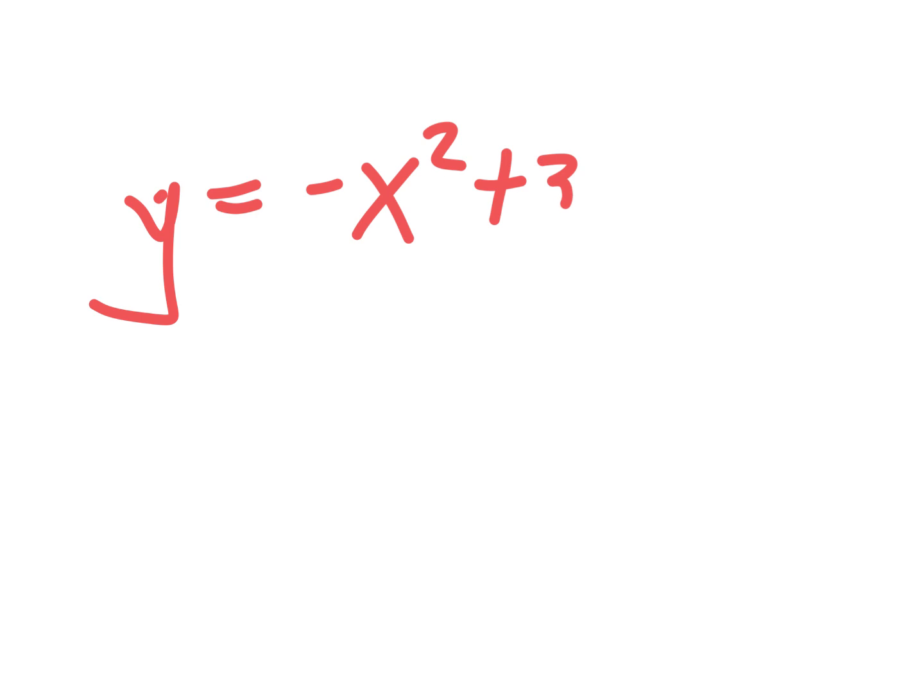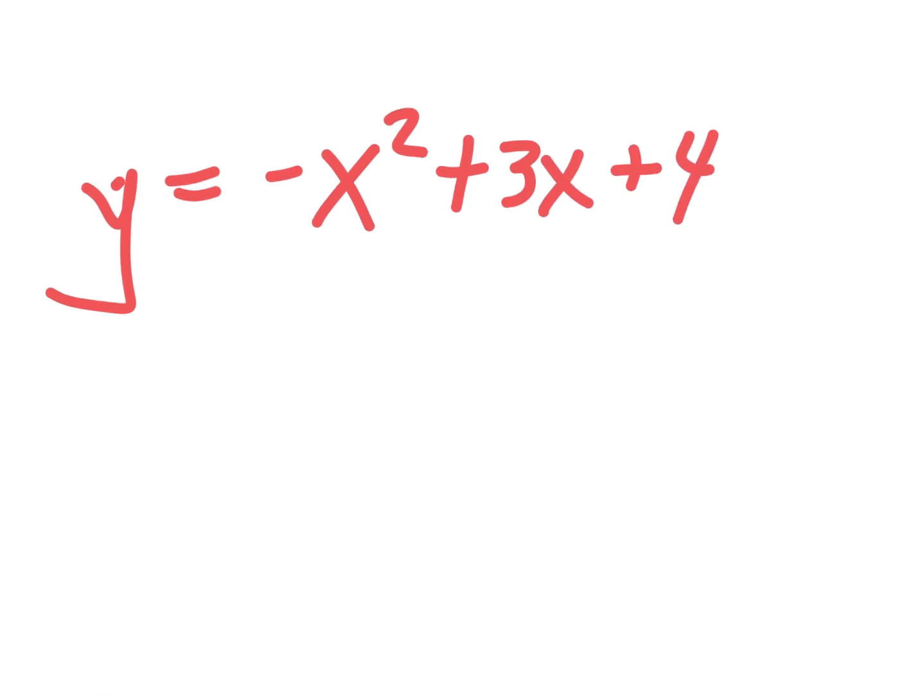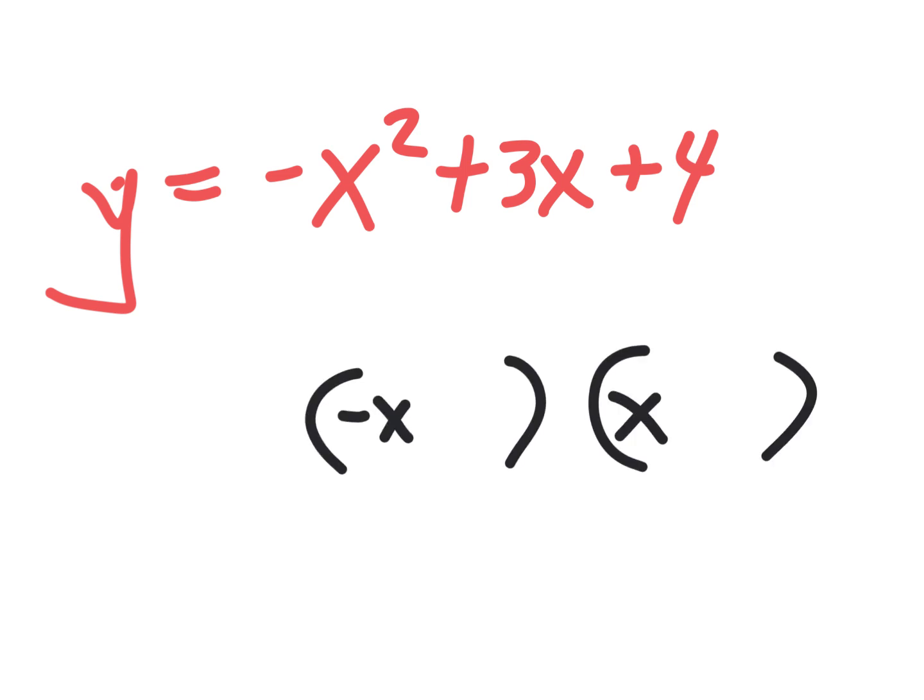Here's another one. Y equals negative x squared plus 3x plus 4. Do you know how to do this weird one? I totally get the kid who tries to set up the 2 parentheses and uses negative x and x. Nope, you're going to lose. That does not work.